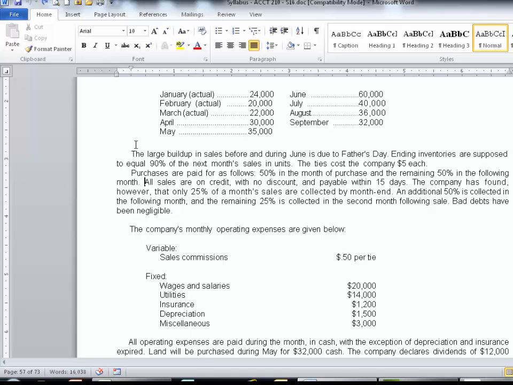Bad debts have been negligible. The problem mentions bad debts because that's our heads up that we don't need to reduce any of our sales for bad debts. We can anticipate that we're going to collect 100% of our sales. And it looks like we're going to collect it 25% in the month that we sell it, 50% in the next month, 25% in the month after that.